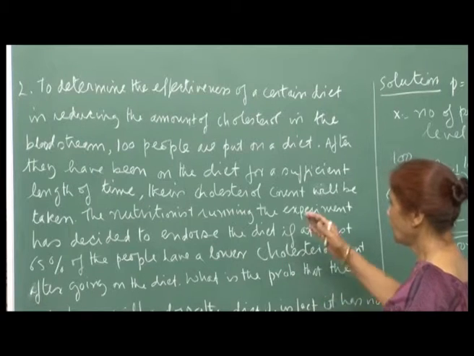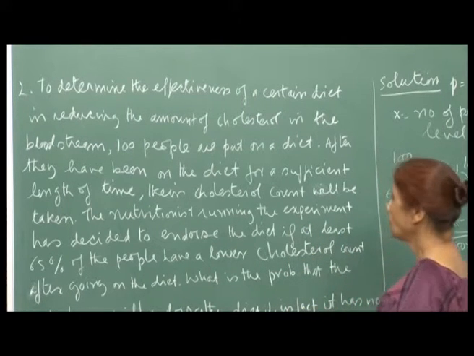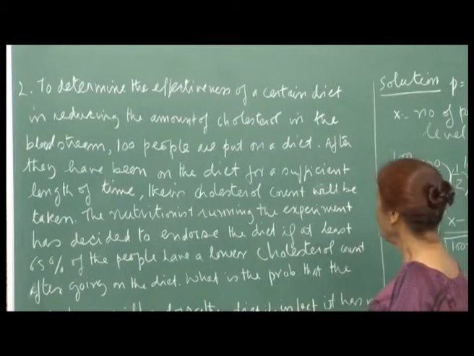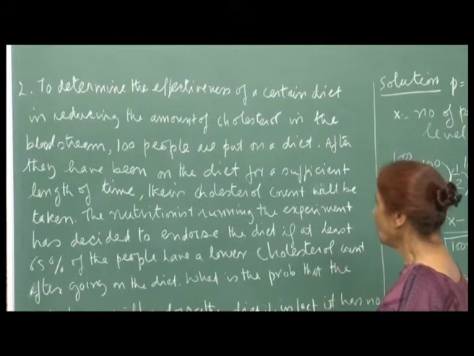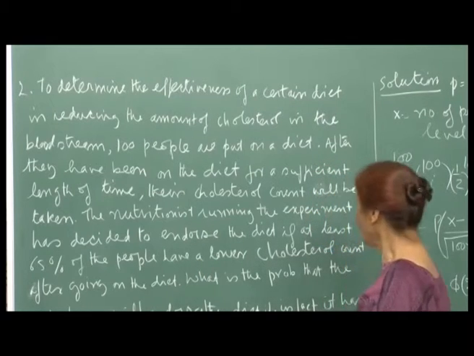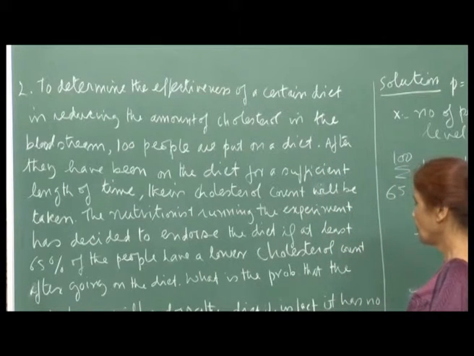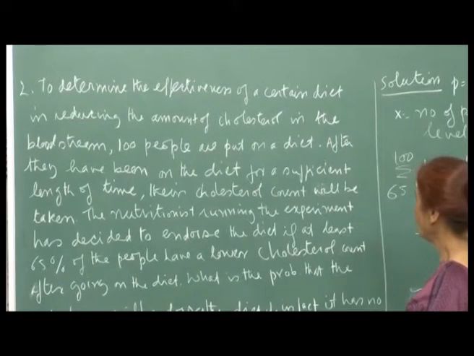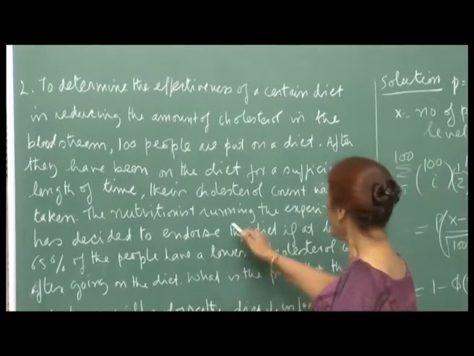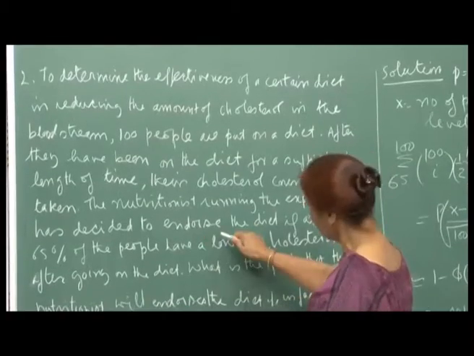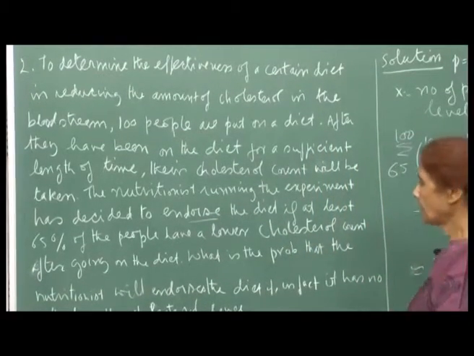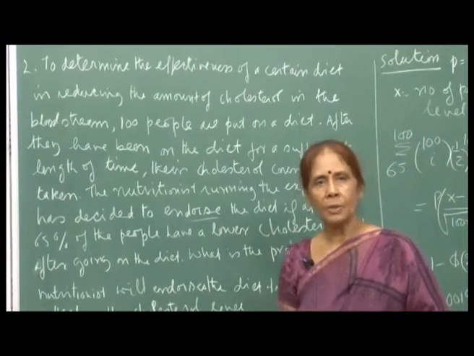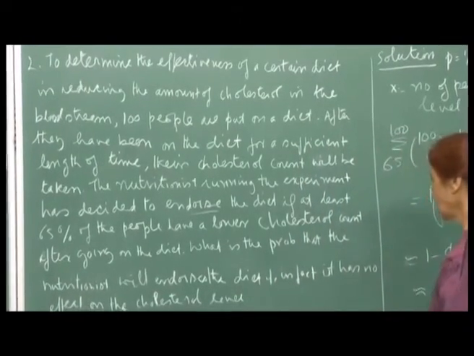So, at the end of the trial period, you will again test their cholesterol in the bloodstream, and if the count is lower for 65% of the people, then the nutritionist will endorse the diet and say yes, it has proven to lower the cholesterol in the blood.